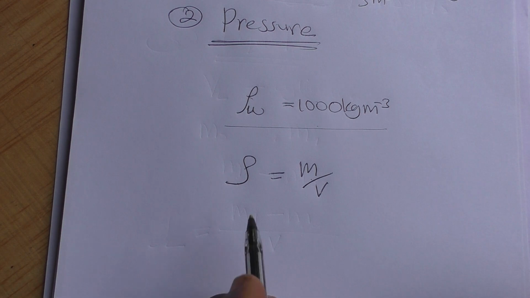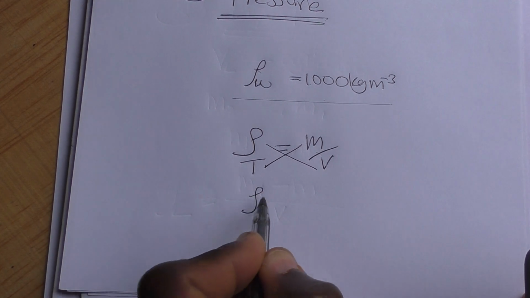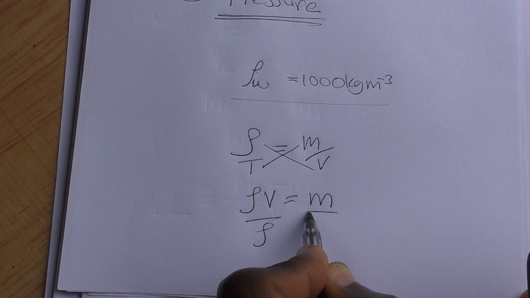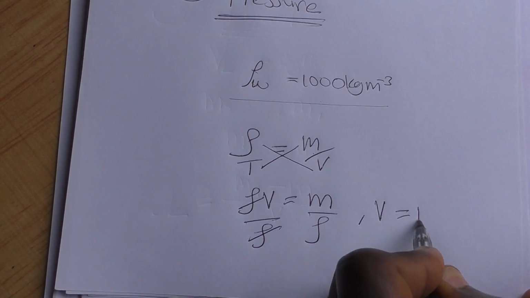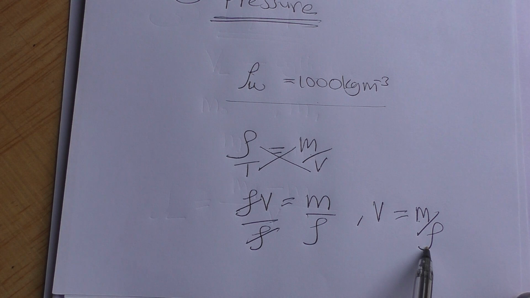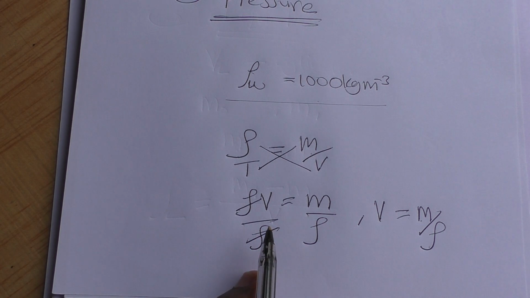If we cross multiply, we shall get density times volume equals mass, and divide by density, such that the volume equals mass over density. So if the mass and the density of a substance are known, we can determine its volume. So those are the uses of density.